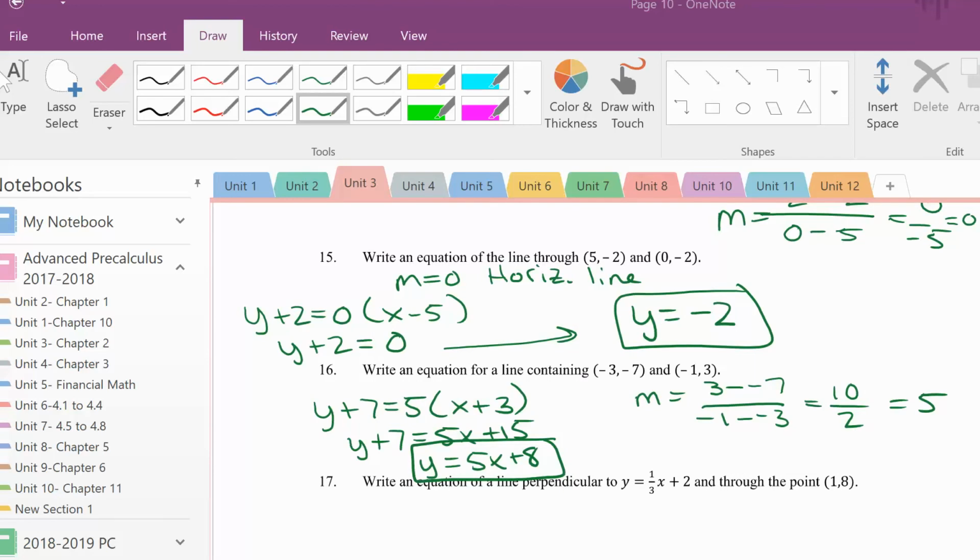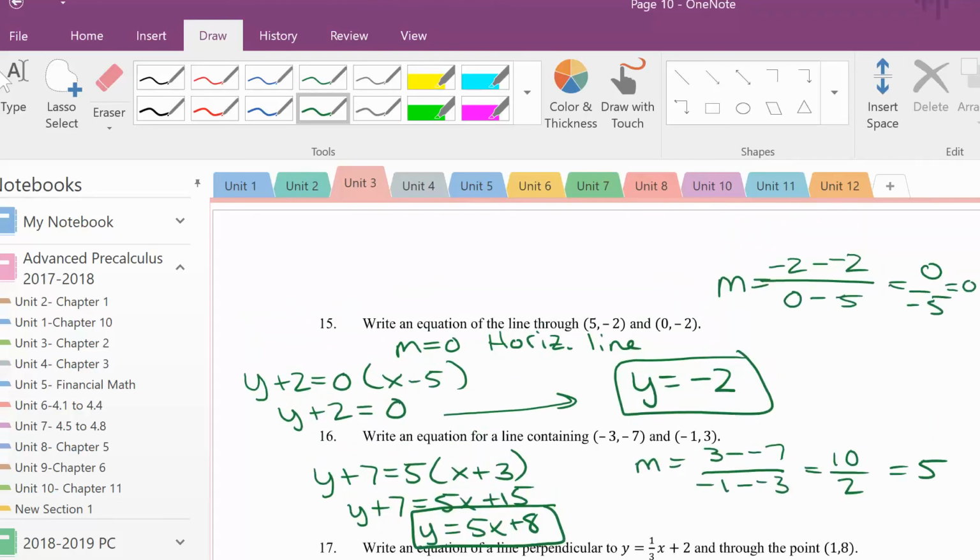All right, so if you look at the first one, number 15, when you find the slope is equal to 0, it's a horizontal line. But you can do the point-slope form and still figure out that the equation is going to be y equals -2. Because notice when you multiply by 0, everything cancels out on the right-hand side.